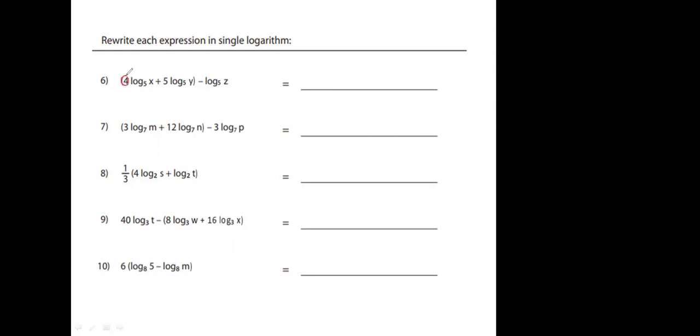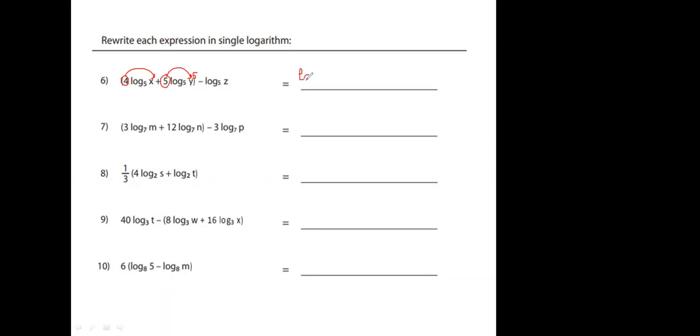First, we have this 4, that was the power, so I need to return the power back. It will be x to the 4. Here we have power 5, so we return it back, y to the 5. Then we have the plus sign. The plus sign was multiplication.